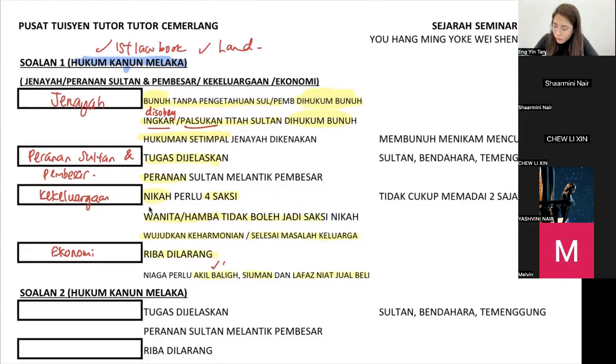In Islam, cukup umur means 13 to 15 years old, meaning puberty. Based on Islamic law, this is considered cukup umur, the legal age. Now, siuman means make sure the person is sane.